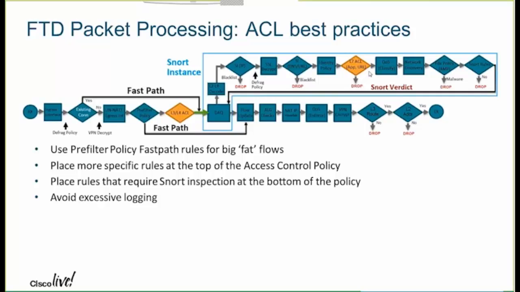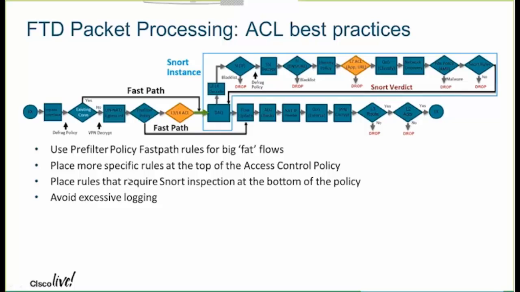Hence, if there are any big fat flows or any specific flows in the network with a huge amount of data traffic passing through, it is always recommended that we fast path the traffic instead of sending it over to Snort.